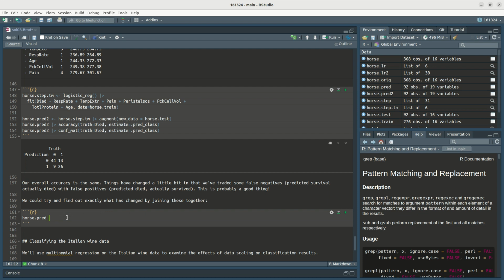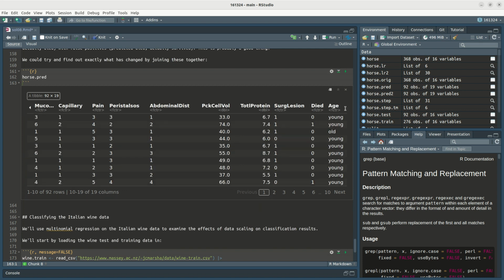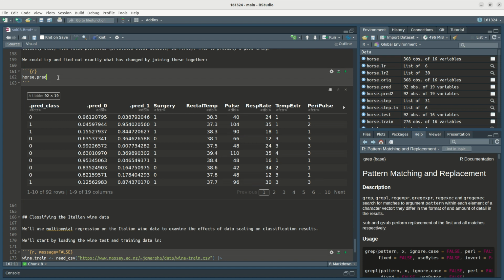Let's see what that looks like. Really, we want an identifier, don't we, so that we can join the two data sets together? I guess we could bind them. We could select, because the row order will be the same, won't they?